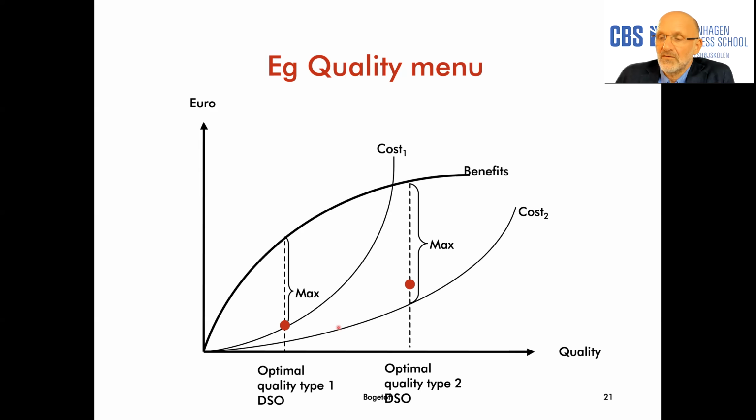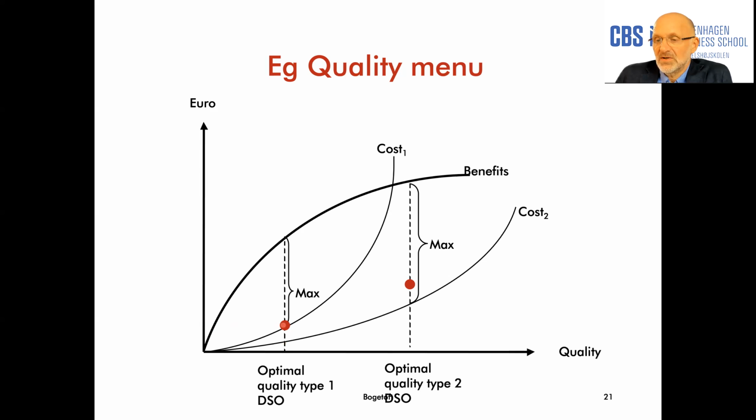And so in order for the companies to actually reveal the cost type and to produce this higher quality level, you need to not only pay them their actual cost at this level, but you need to pay them this, which is called the information rent. You need to pay them a little bit more. So a menu of contracts in this case could be that you give some alternative contracts, which are defined by alternative qualities and alternative payment levels.